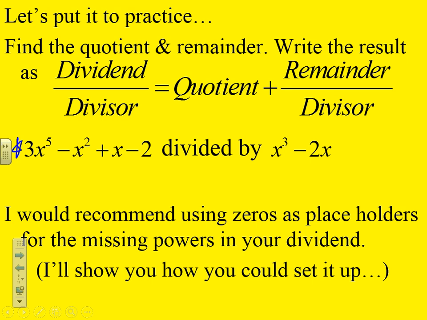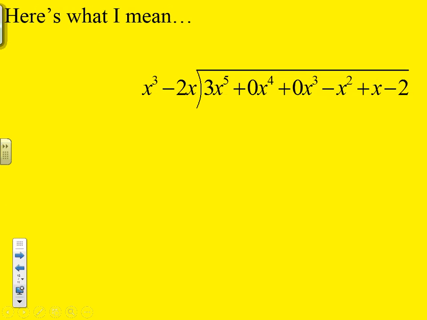But if we have exponent values that are missing, we can't just say, well, that's great. We have to have them represented in some way when we do polynomial division, so that way we can keep the powers of our exponents lined up properly. So if you happen to have a polynomial that is missing some values of the exponents, we have to put zeros in as placeholders for them.